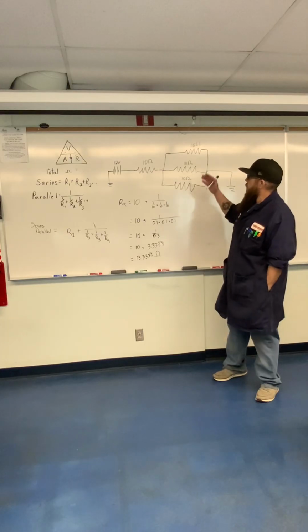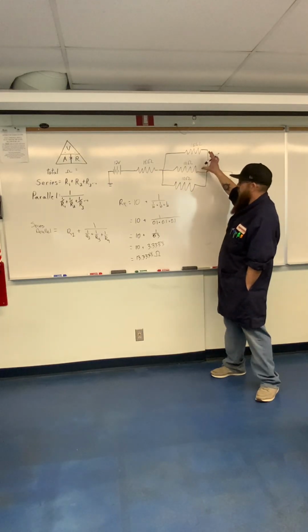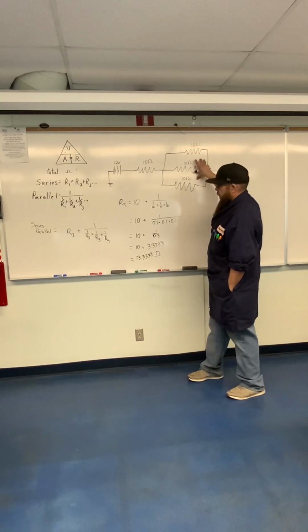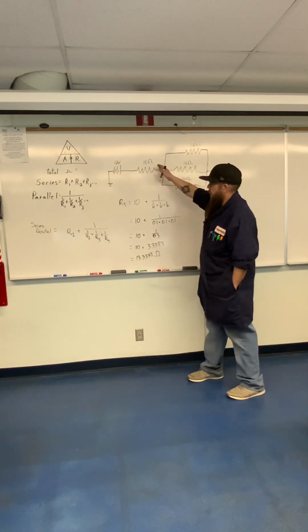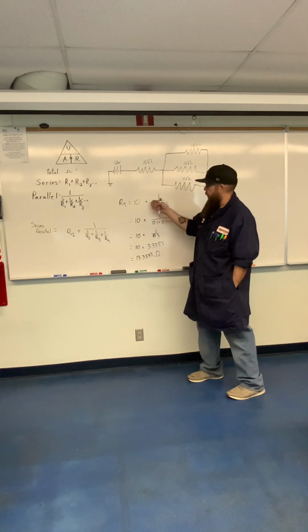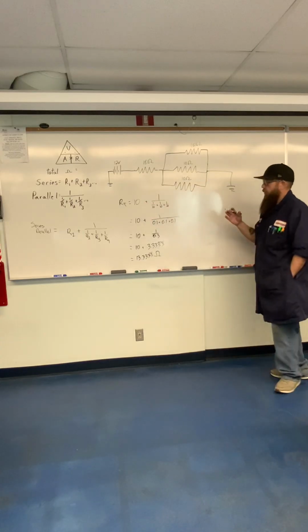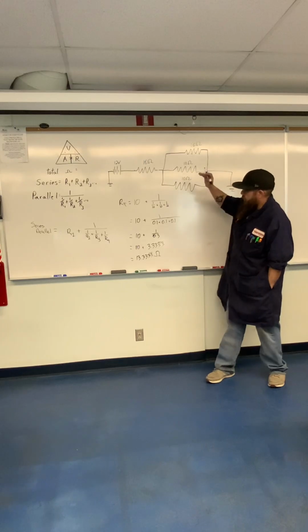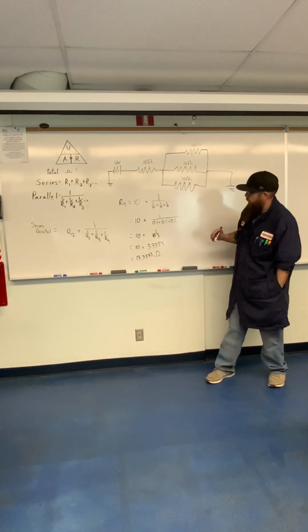So you can see 13 ohms in total. We could figure out the total of the parallel circuit and then just add the two together like we've seen here. There's multiple ways of coming up with the same answer. So total resistance is that.